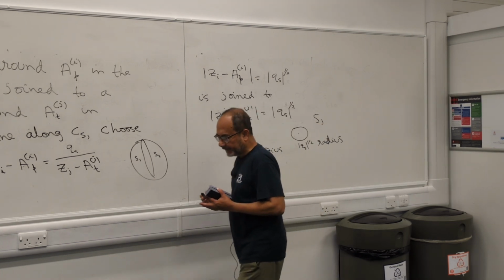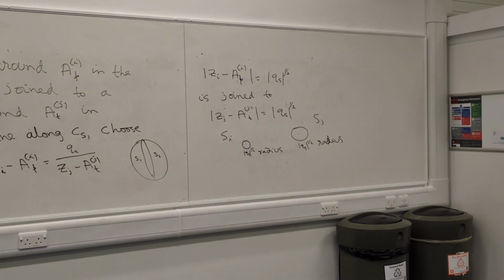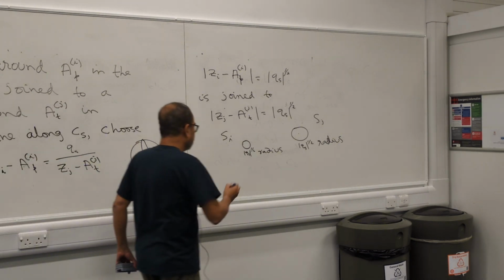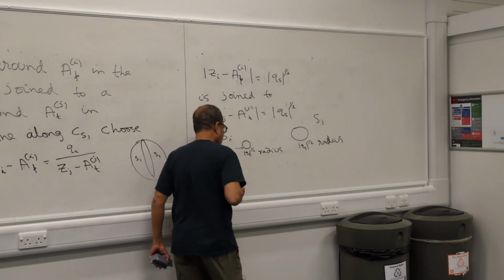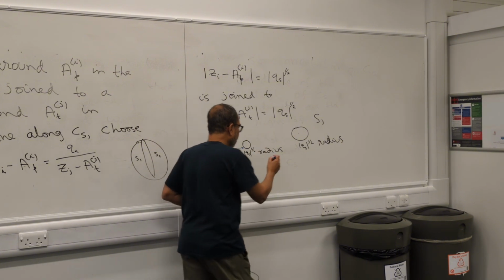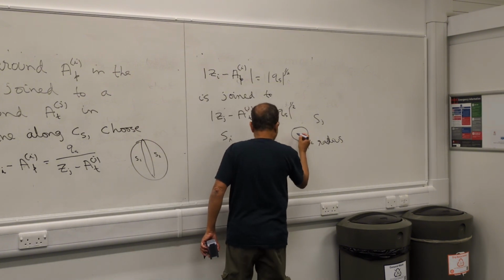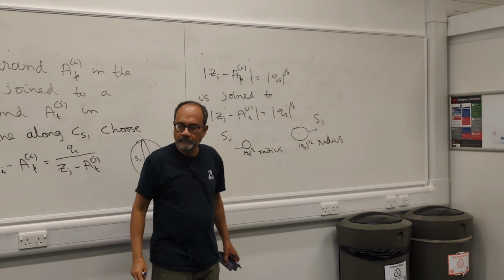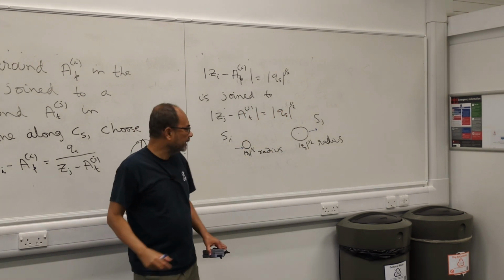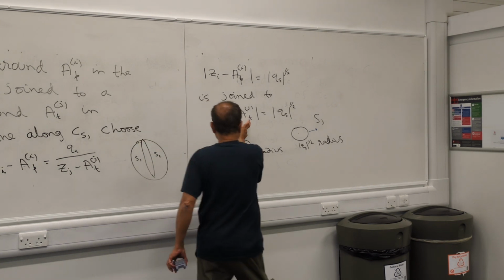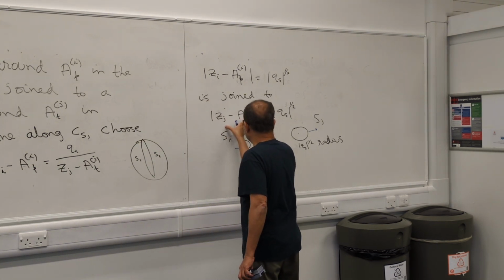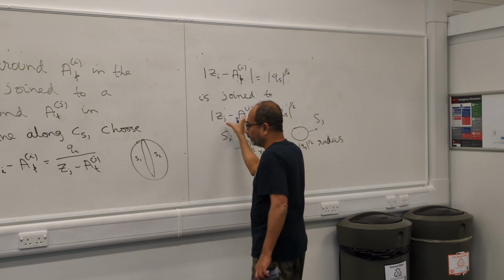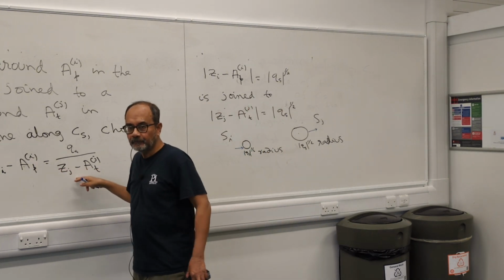Which means that as you go in from outside of the sphere here, you come out there, because as mod Zj minus AJT is decreasing, the other one is increasing by this relation.